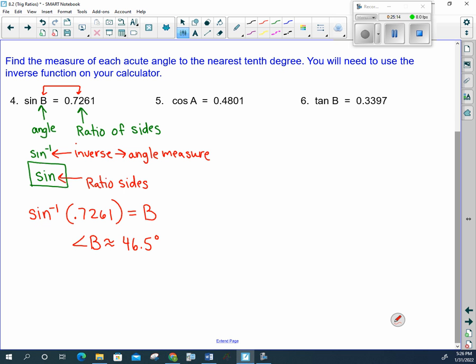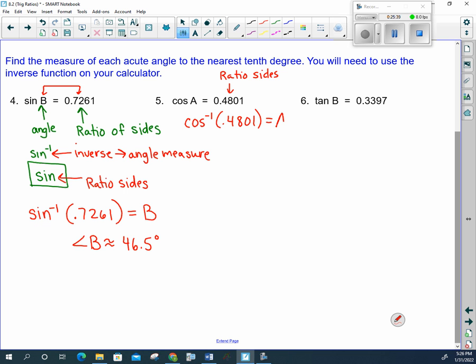Okay, so let's do number 5. So number 5 is the cosine of A equals 0.4801. So remember, this is the ratio of the sides. So I'm looking for the angle. So I'm going to use the inverse button. Anytime I want the angle, I'm doing the inverse button. So I'm going to do inverse cosine of 0.4801.